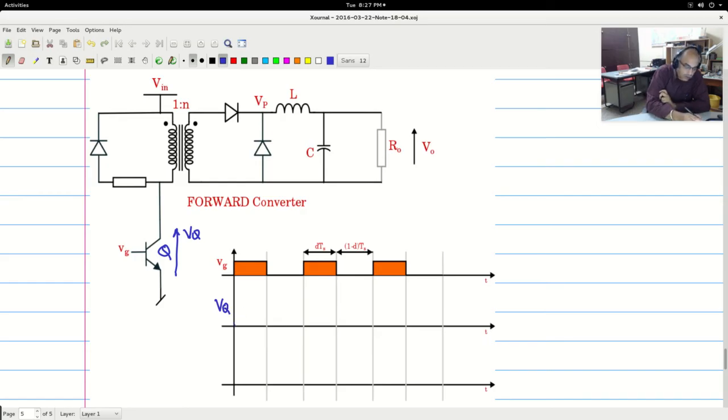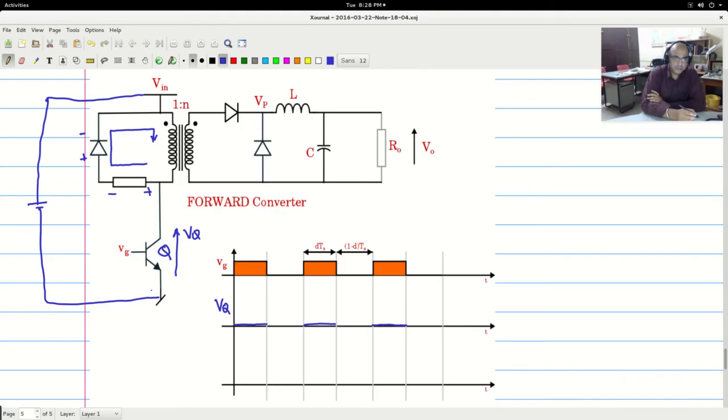When it is on, it is just the on state drop. So all these would be on state drops. When the switch is off, there is a freewheeling current flowing in this fashion. There is a drop here. There will of course be the diode drop, and then Vin, which completes the circuit.